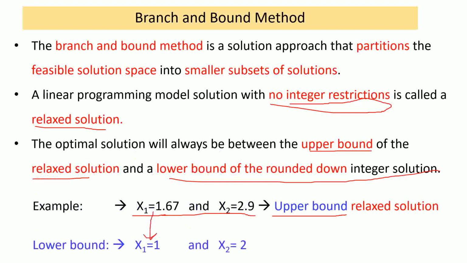And when we round down 2.9 into the lower integer, it becomes 2. So this value is the lower bound. Here the point is that the optimal solution for the integer linear programming is found between the upper bound of the relaxed solution and the lower bound of the integer values.